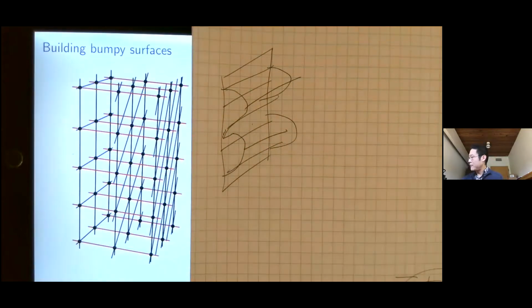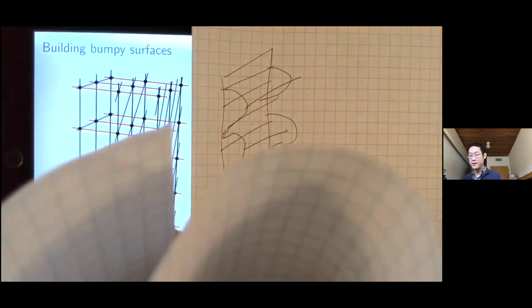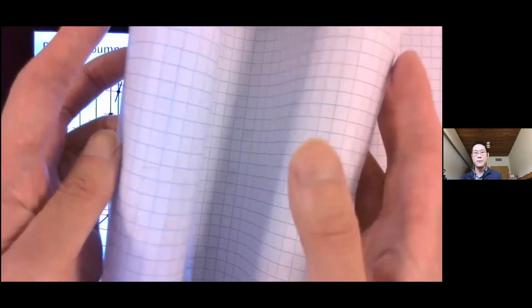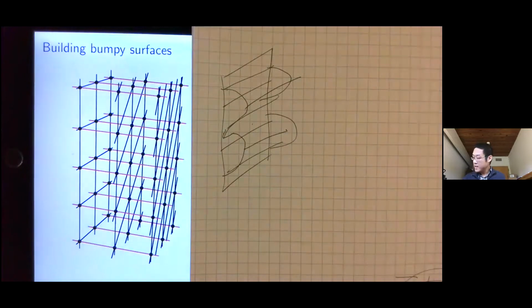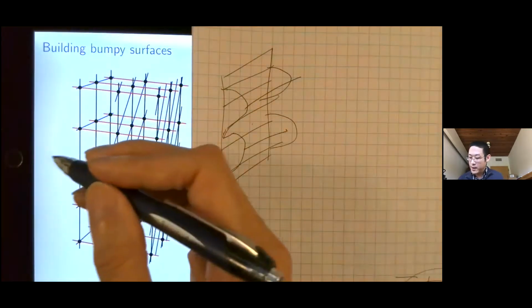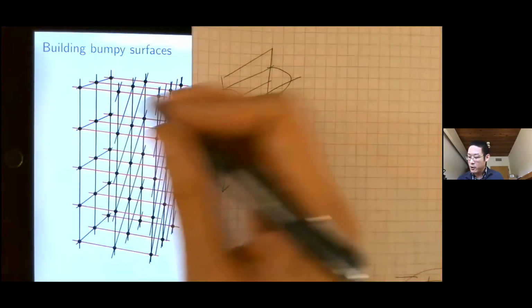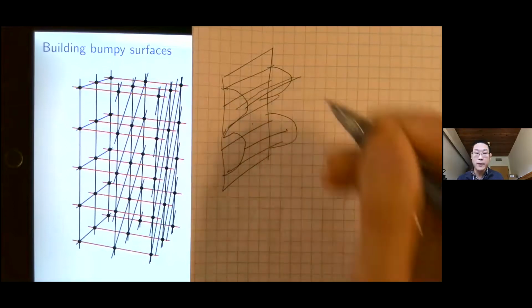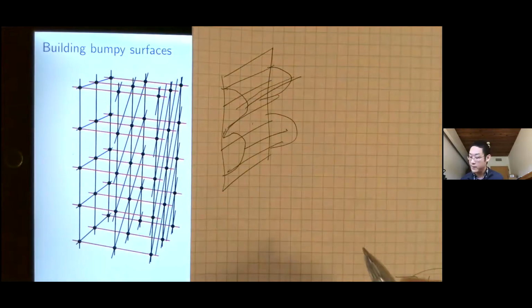I've always had difficulty drawing this, but what I want you to imagine is a surface like this, where you corrugate the surface, where the surface follows a sine wave. If you do that, then if the horizontal lines were absolutely parallel, all parallel to the y-axis, those horizontal lines would just go straight through this corrugation.